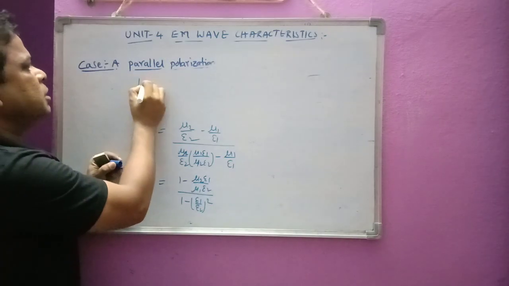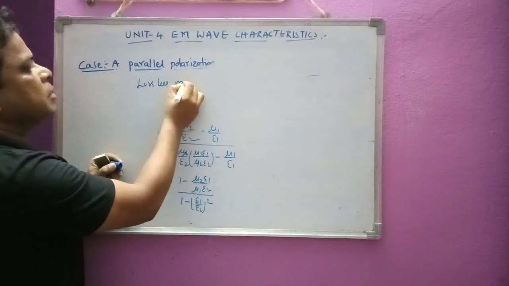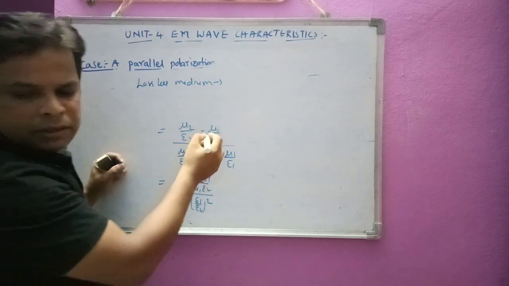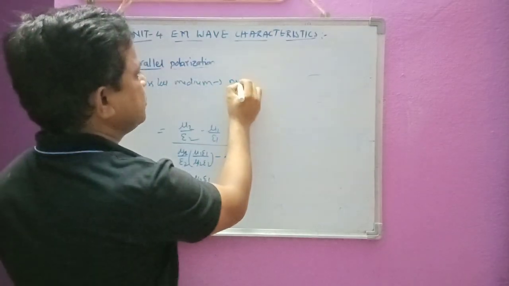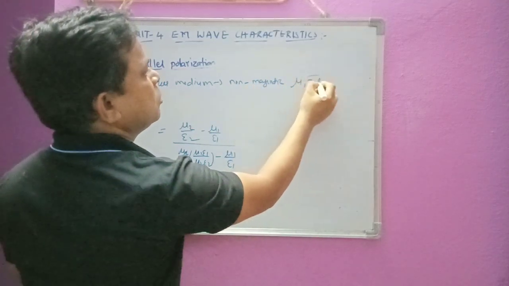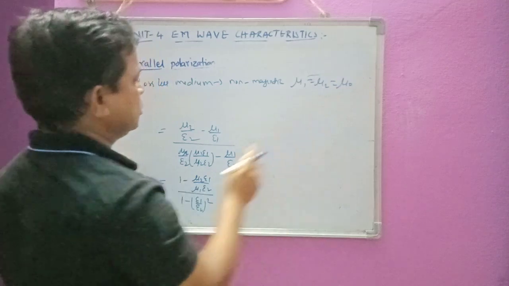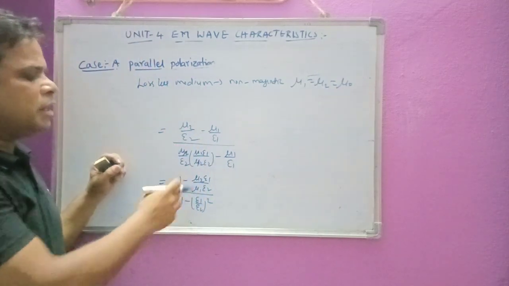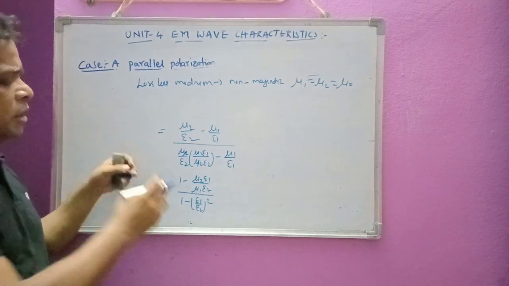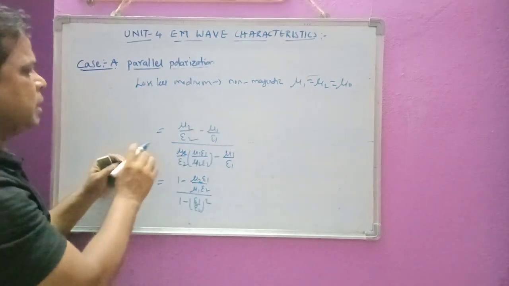So lossless medium is also non-magnetic, that is I can say that mu 1 is equal to mu 2 is equal to mu 0. So we are going to eliminate the mu term here, that is, this equation is free of the mu term here.